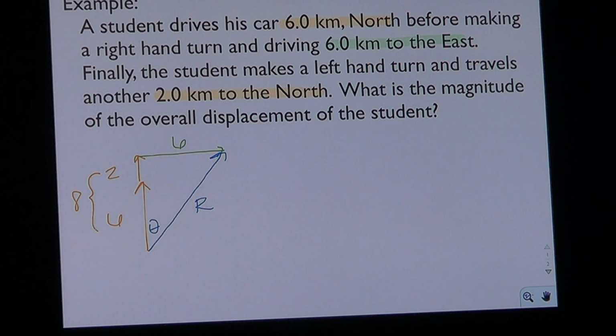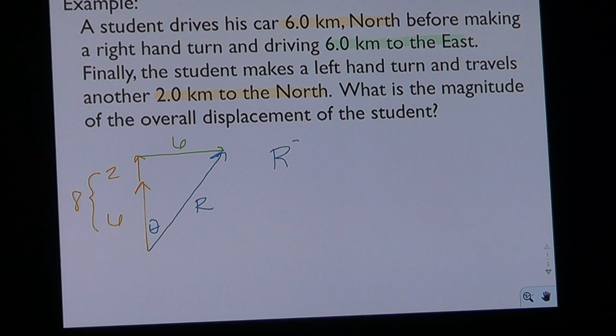So how would we find the magnitude? I also want you to find the direction. It says magnitude, but we can find both. So how would we find the magnitude of R? Right, Pythagorean theorem, good.